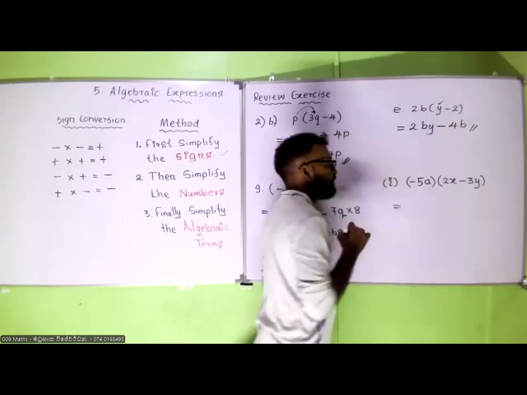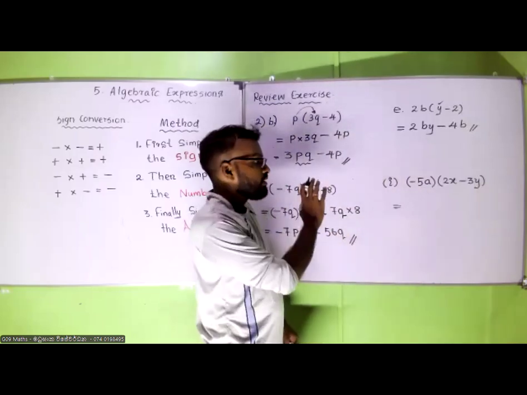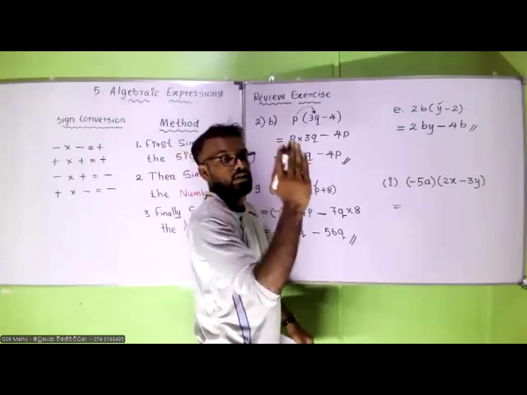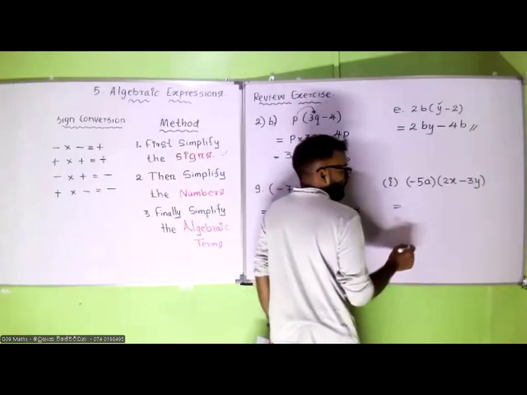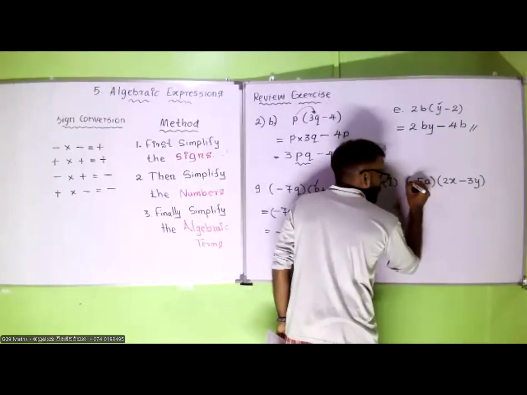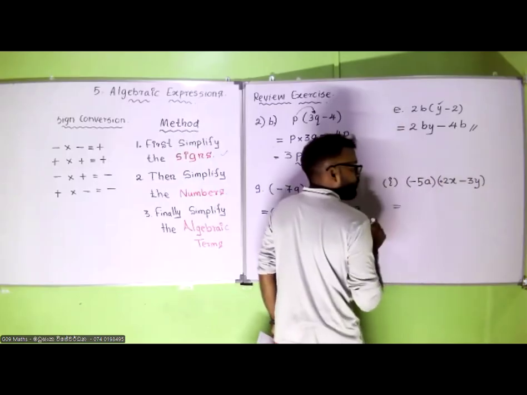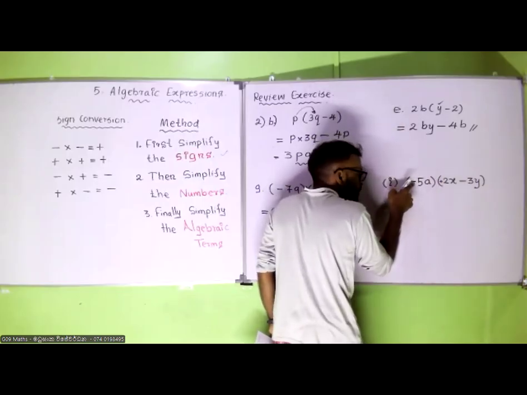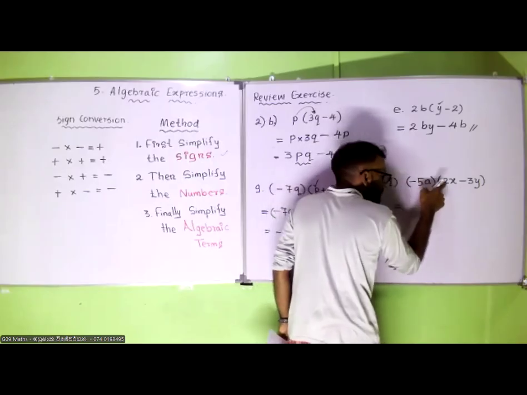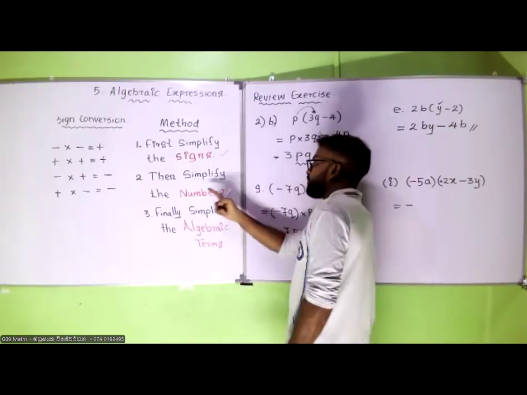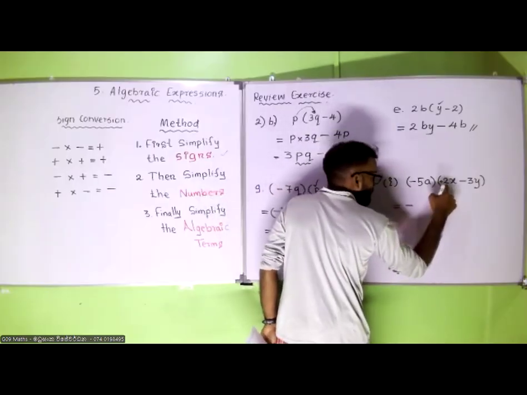Equal mark. Now I'm going to obtain the answer at once. Now look at this. This is negative, this is positive. First of all, I am going to simplify the signs. Negative into positive, negative. Then I am going to multiply the numbers. 5 times 2, 10.